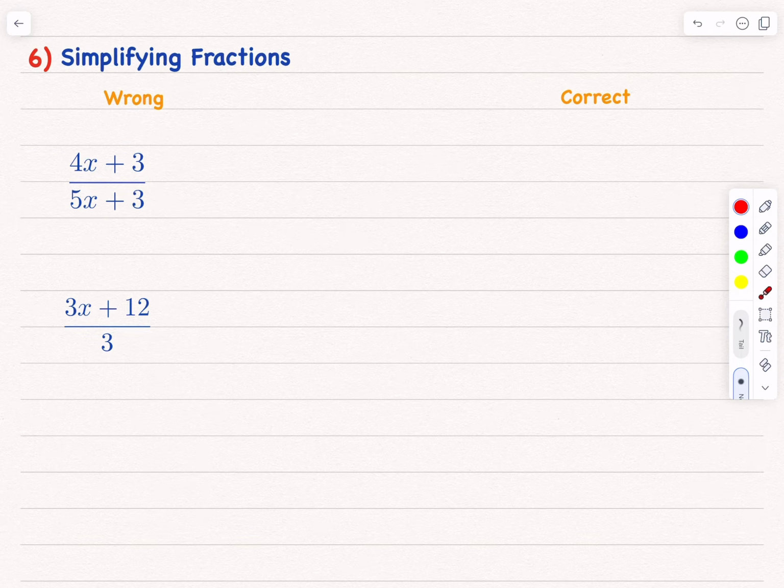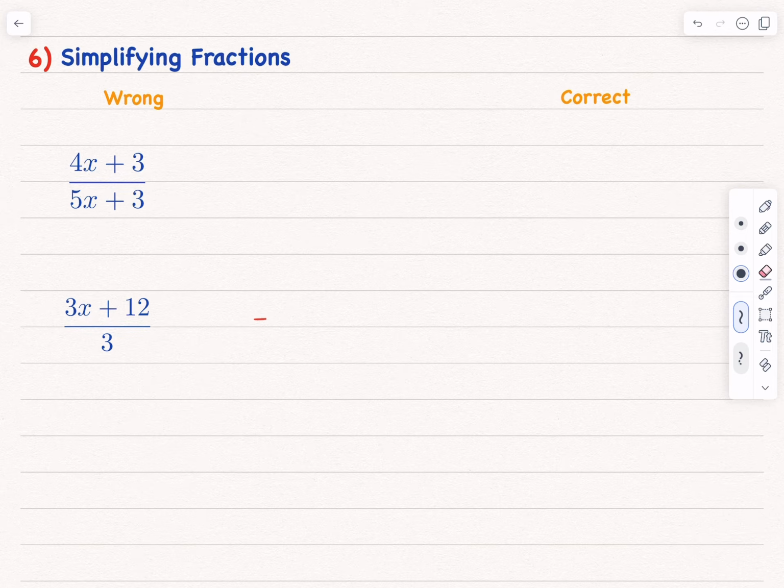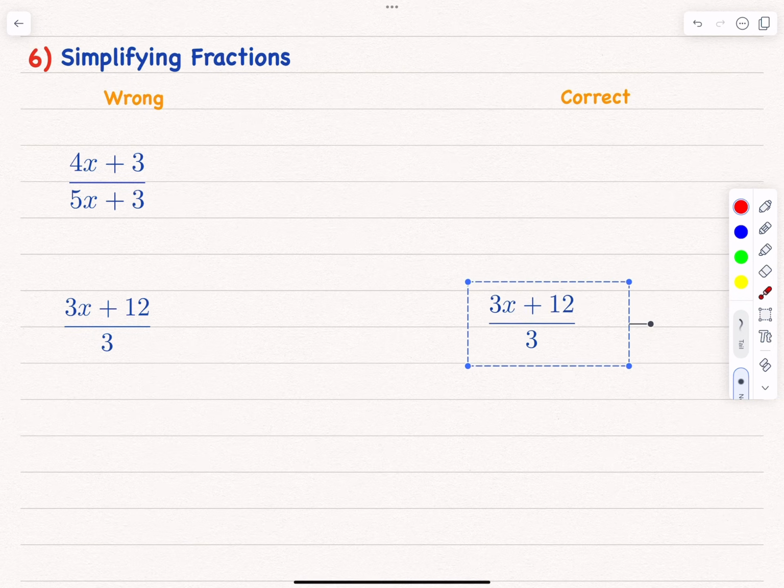In this fraction down, also if we cancel 3 and 3 and say the answer is x plus 12, it would be wrong. Or even if we divide 12 by 3 and say that the answer is 3x plus 4, then this would be wrong again. Here, to simplify this fraction, we can do it like this.